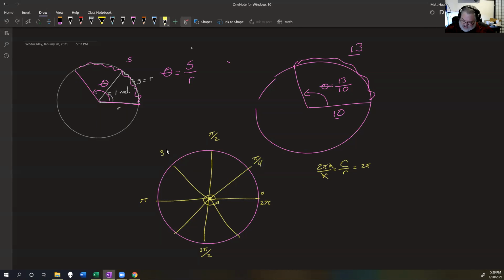I encourage you guys to practice building those by counting around and breaking it up into fourths, as well as into sixths and thirds. Not drawing as straight of lines as I usually like to, but that's okay, and counting those around.